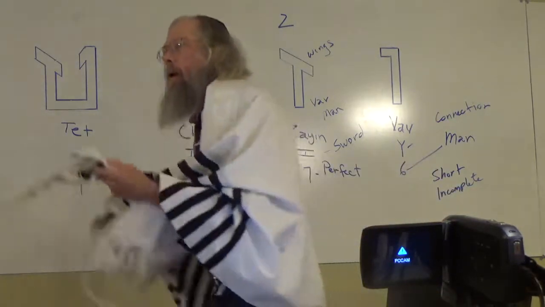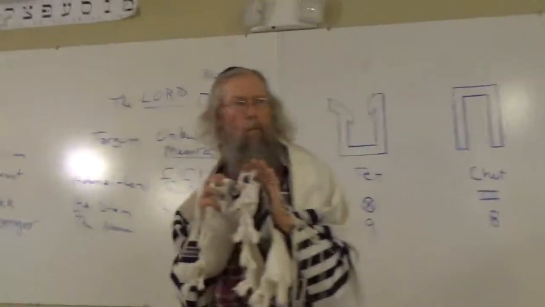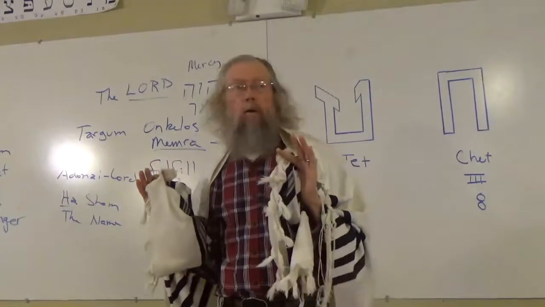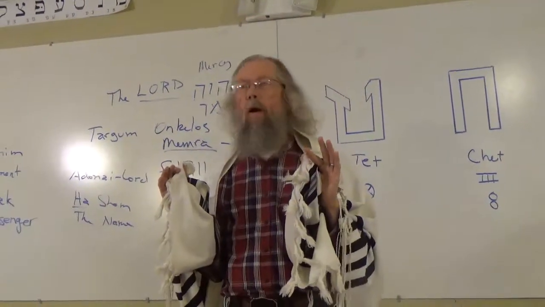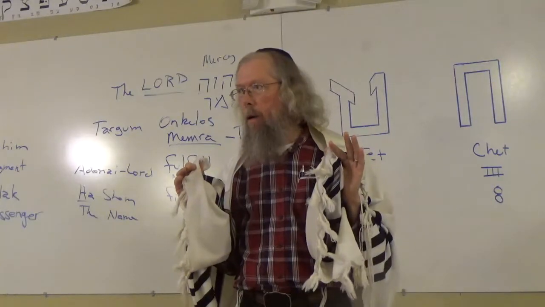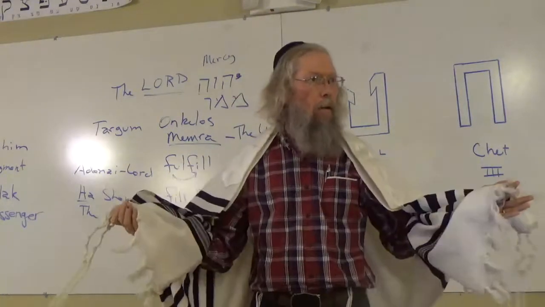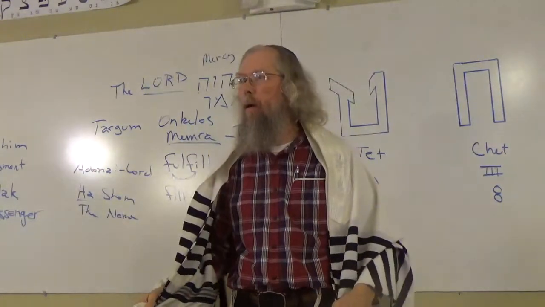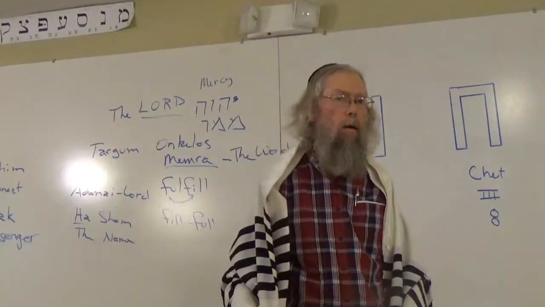So Yeshua is wearing a talit. The talit is spoken of at his crucifixion, that he is wearing a garment that has no seam. What is a garment that has no seam? Well, if you look at a talit, it has no seam. Why?